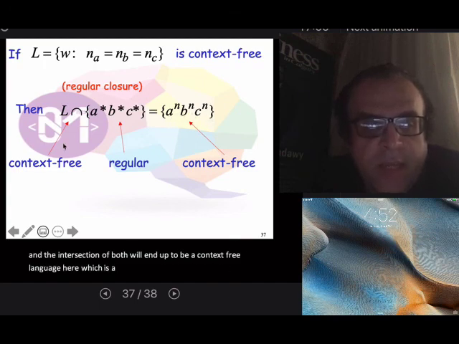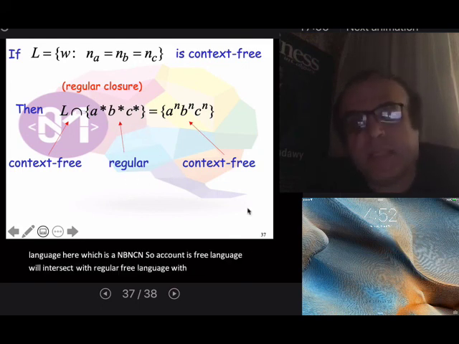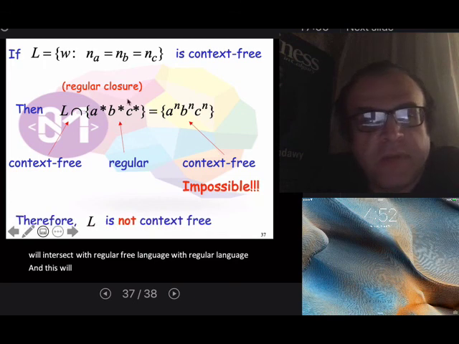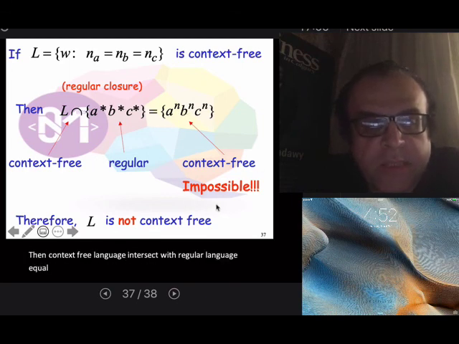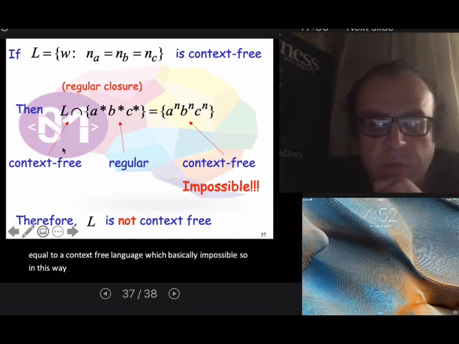So a context-free language intersected with a regular language would give a context-free language, which is basically impossible. In this way, L is not a context-free language.